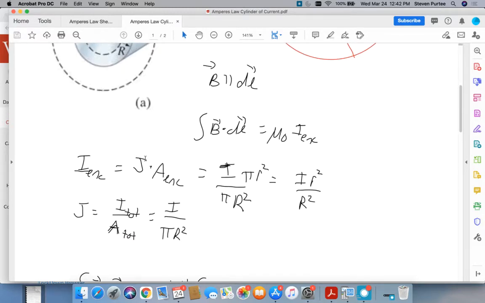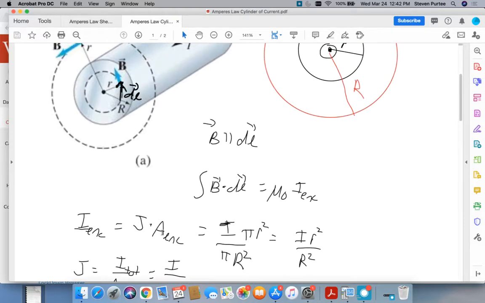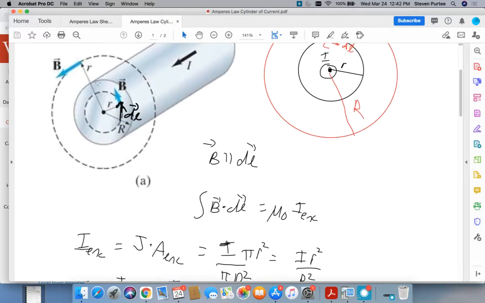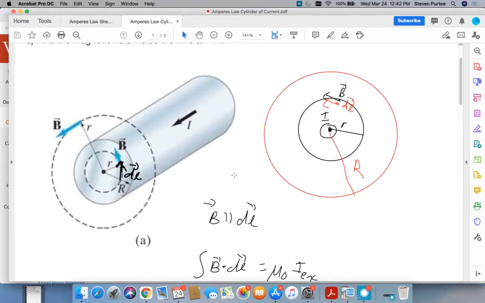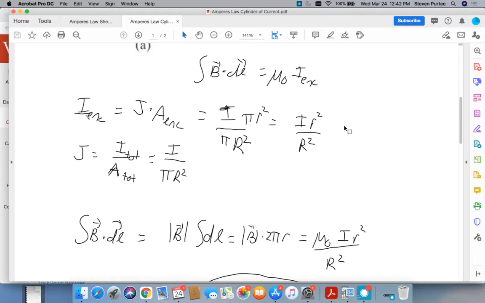So my current density is the total current divided by the total cross-sectional area. This is amps per square meter. So that's all of I divided by pi R squared, because that's my total area. Then the I enclosed is that J times my actual area enclosed. Because all of I is not here, I'm only capturing this much of I. So take that J times the area enclosed.